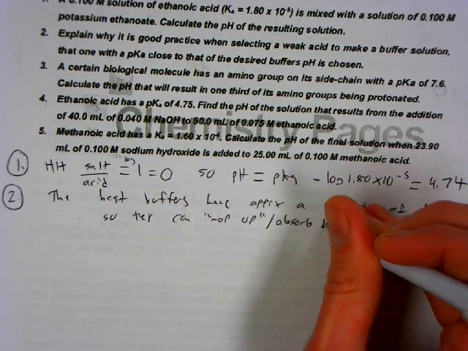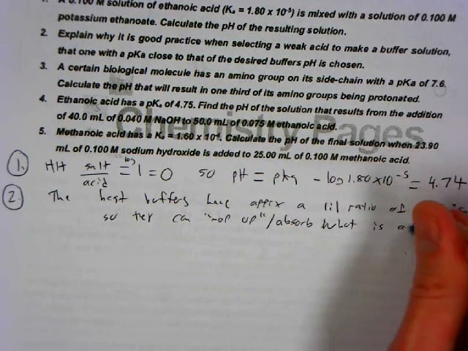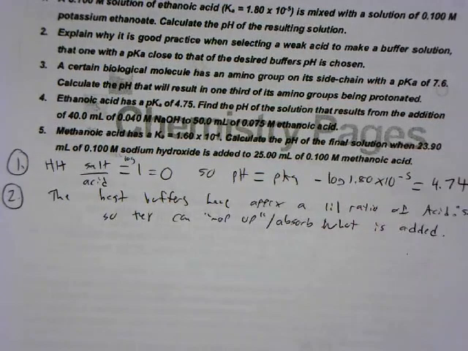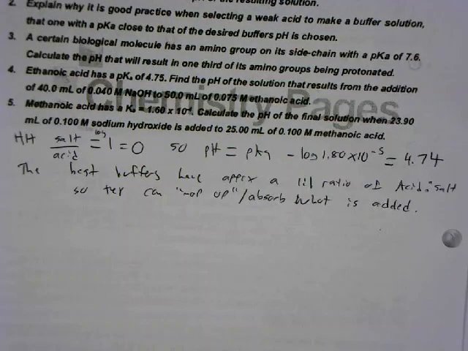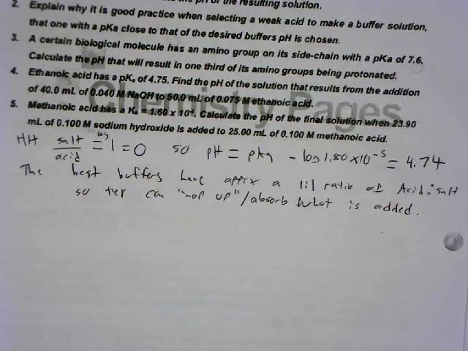So they can mop up or absorb what is added. If I add an acid, a good buffer can mop up the acid. If I add a base, it can mop up the base. That's why the conjugate acid-base pair is so important. You have an acid on this side, you have a base on this side. Whatever you add in, it can eat that up.